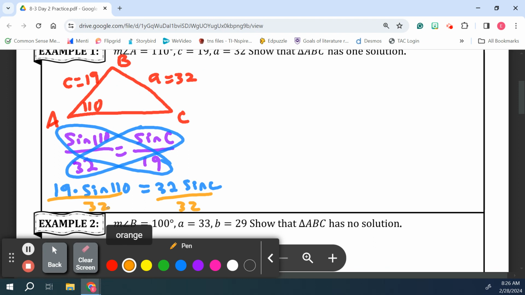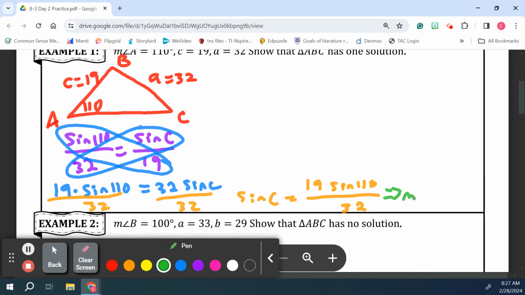I'm left with the sine of C equals 19 times the sine of 110 over 32. And therefore, to find the measure of angle C, I am going to take the inverse sine of 19 sine of 110 over 32.